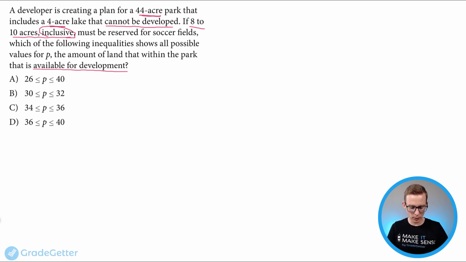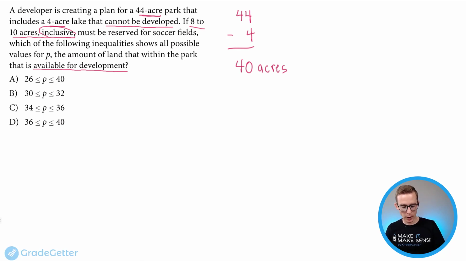All right, well, first of all, let's see how much of this land is available for development, not including the soccer fields. And so we have 44 total acres available, but 4 acres due to a lake cannot be developed. So we've got a total of 40 acres that we're able to use for development. However, we've got to save 8 to 10 acres for soccer fields.